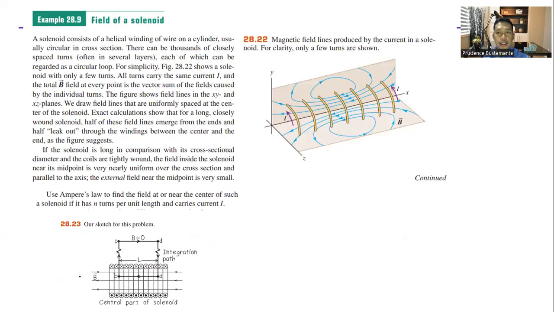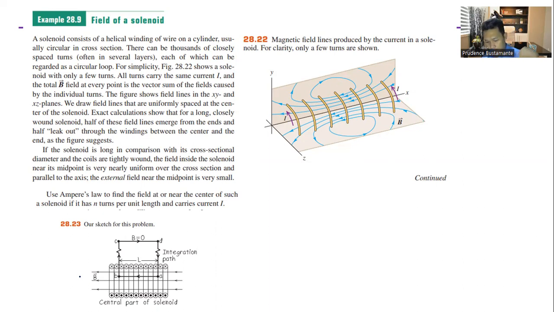How about this one? A solenoid. Use Ampere's law to calculate this one. Okay, let's read this one. A solenoid consists of a helical winding of wire on a cylinder, usually circular in cross section. So this is what we call a solenoid.